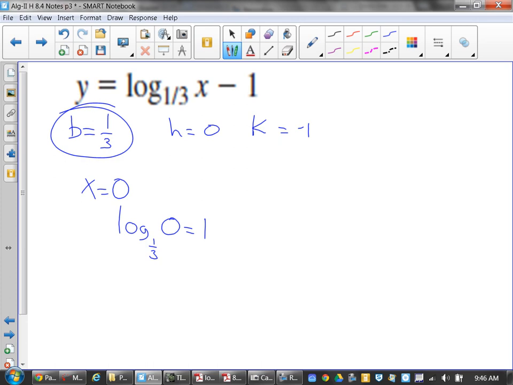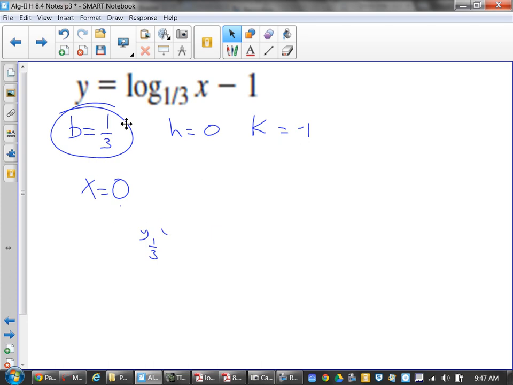Since there's nothing in the parentheses, I'm trying to make the x value turn into a 0, because b to the 0 is 1. So now if x is 0, what's my y coordinate going to be? Let me start over here.